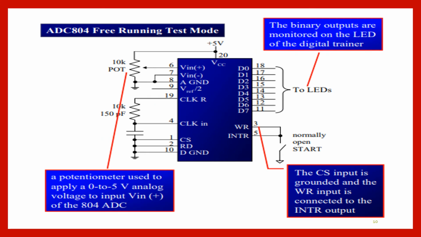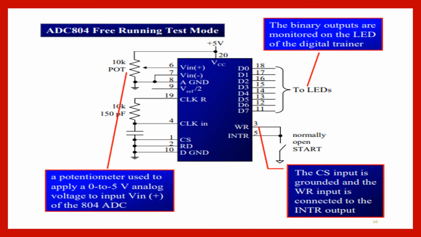So this is the general connection diagram. The speed at which analog input is converted to digital output depends upon the speed of the clock input. That you also have to remember. In general, for ADC 0804, as far as the datasheet is concerned, the typical operating frequency is 640 kilohertz at 5 volt.